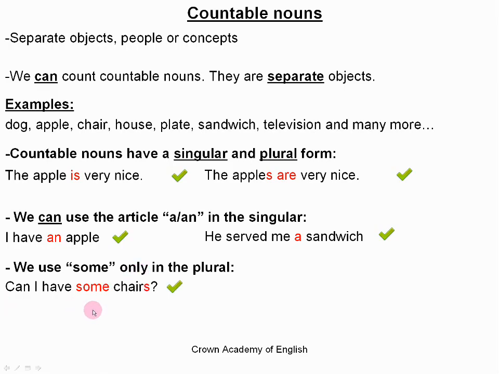So if we want several chairs, we say, can I have some chairs? Chairs is in the plural, and we say some. But if we only want one chair, if chair is singular, then we do not use the word some. If we want one chair, we would say, can I have a chair? A chair. The letter A.